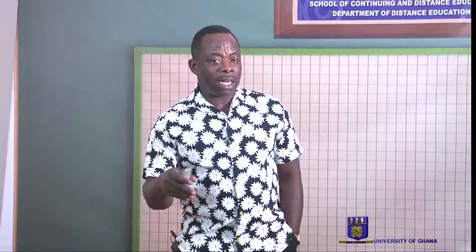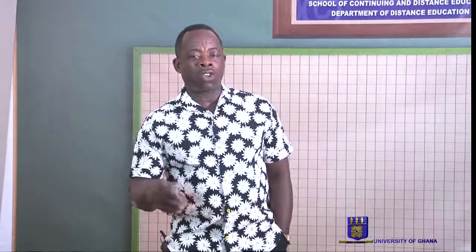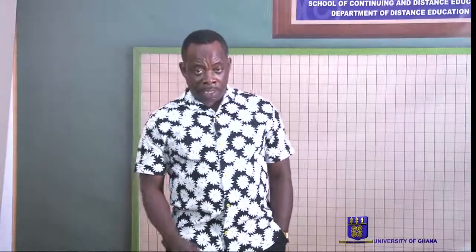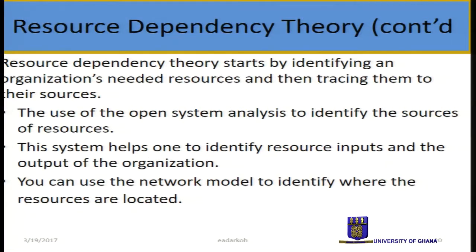So the dependence the organization has is not one single unidirectional, undifferentiated dependence. It's a complex set of dependencies that you need to appreciate. Resource dependency theory starts by identifying organizationally needed resources and then tracing them to their sources.